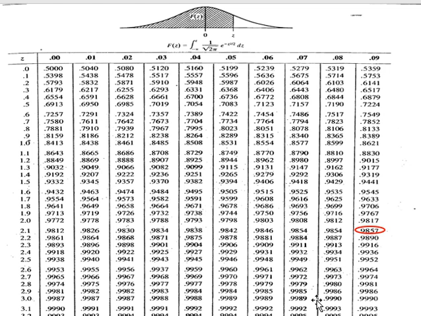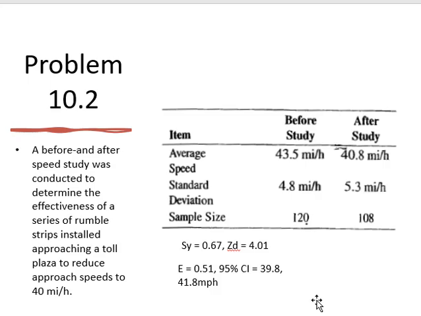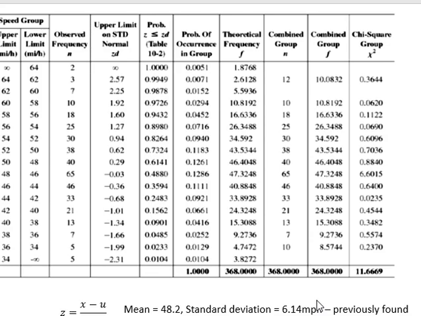So 0.9949 is this value. Clear? Again, the first value was infinity. What is the probability of infinity here? 1. Why? Because it is more than the table, so it's always 1. One more thing here. You see some Z values are negative. Now what do I do with the negative value?